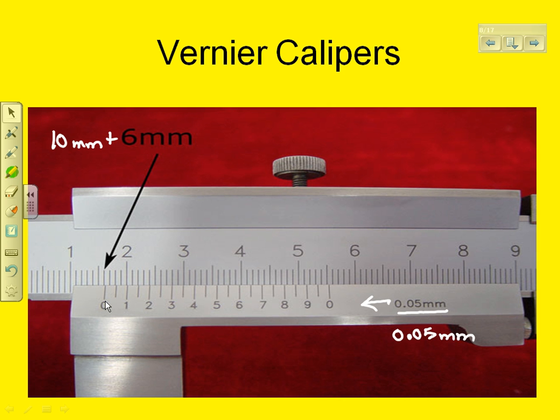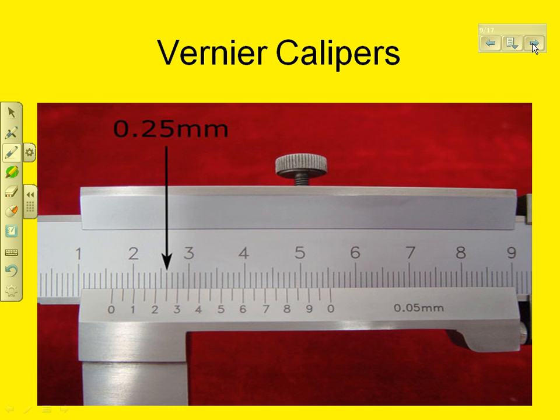So this gives us the decimal point, which is 0.25.